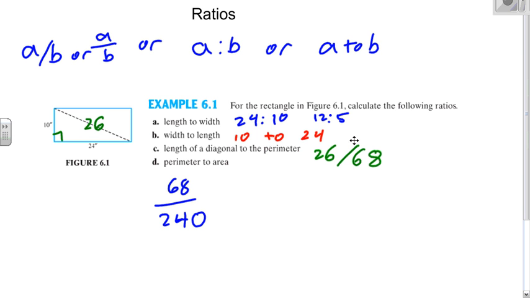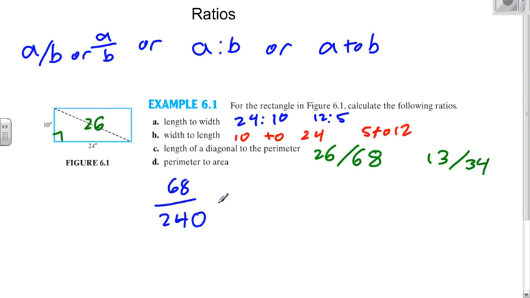The next one, 10 to 24, I was thinking ahead, reduces to 5 to 12. Next, 26 to 68. That will reduce, both even, let's divide by 2. 13 to 34. 13's prime, so that won't go any further.